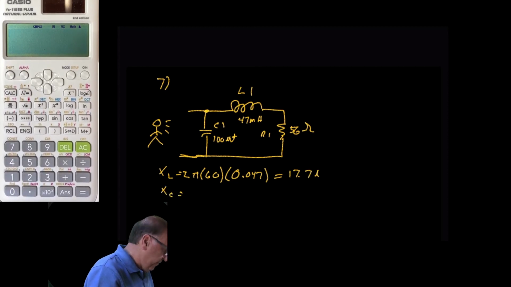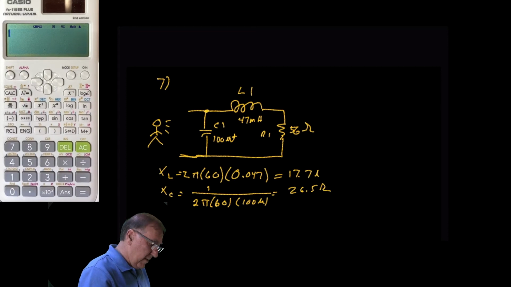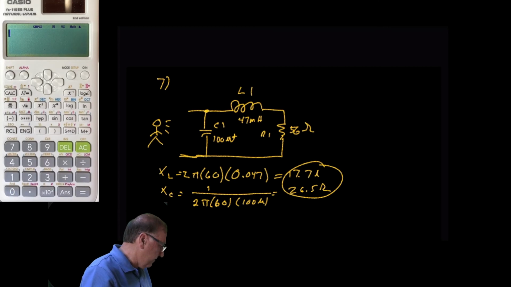XC equals 1 over 2 pi times 60 times 100 microfarads, and that equals 26.5 ohms. Again, those are magnitude only, and we're now going to convert those to impedances.